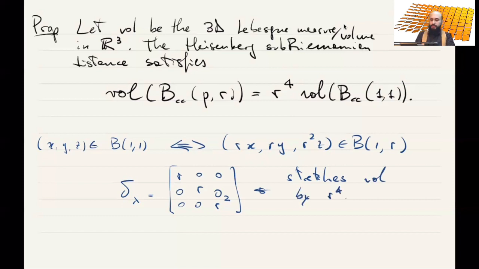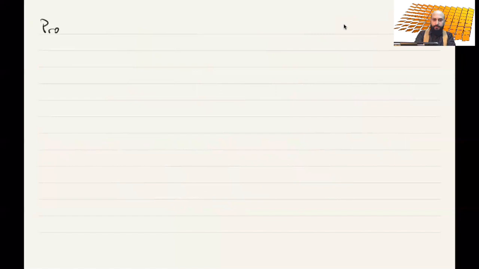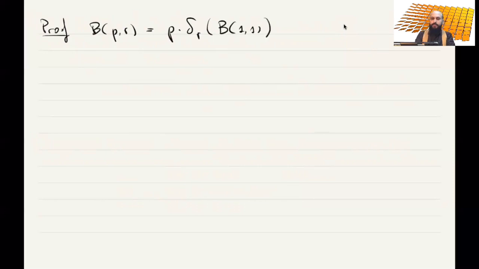Okay, let's prove it. Proof. As we said, the ball is the left translation of the dilation of the ball of radius 1, the unit ball, centered at the origin. In all of this, remember that the origin of the group is the point 0, 0, 0, but it's not very important in this calculation.